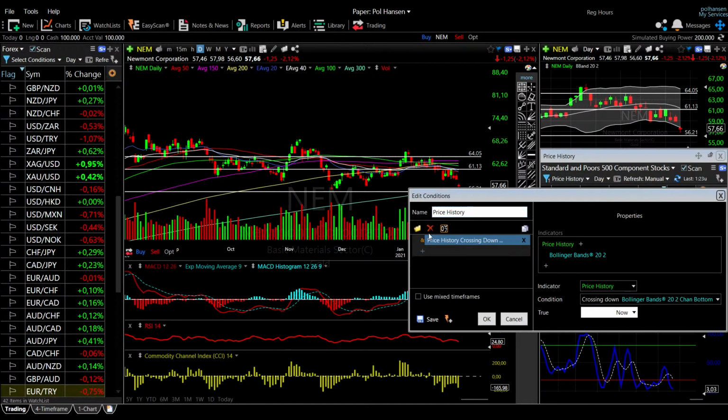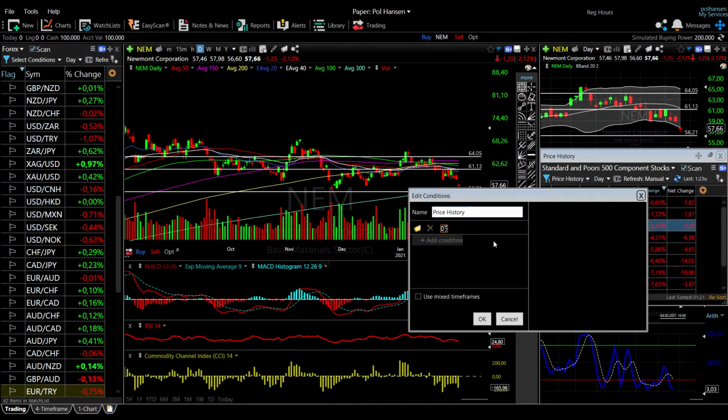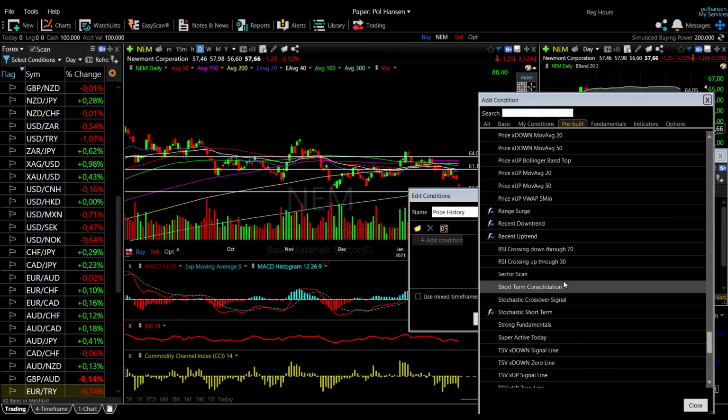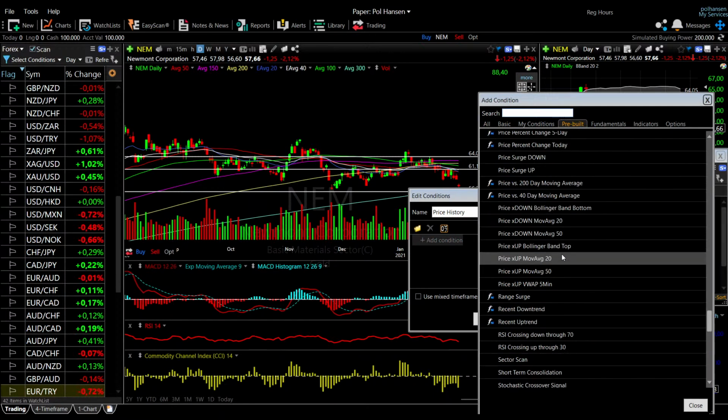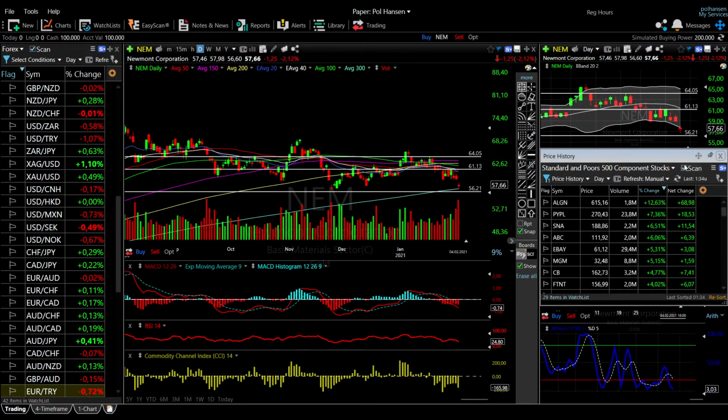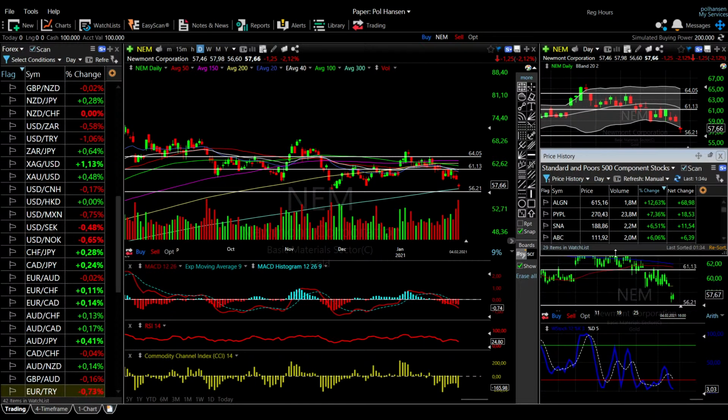So we can do the scan for when it is overbought. So we have our conditions. My pre-built one in here, where did I put it? Up, top. So you can see because we have rallied significantly the last few days, we have 29 companies that are at this moment overstretched, overbought, and are very likely to fall.